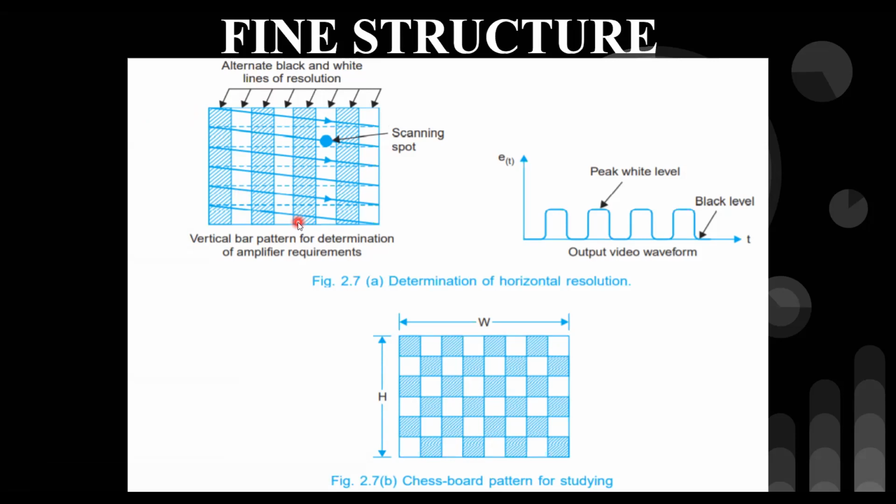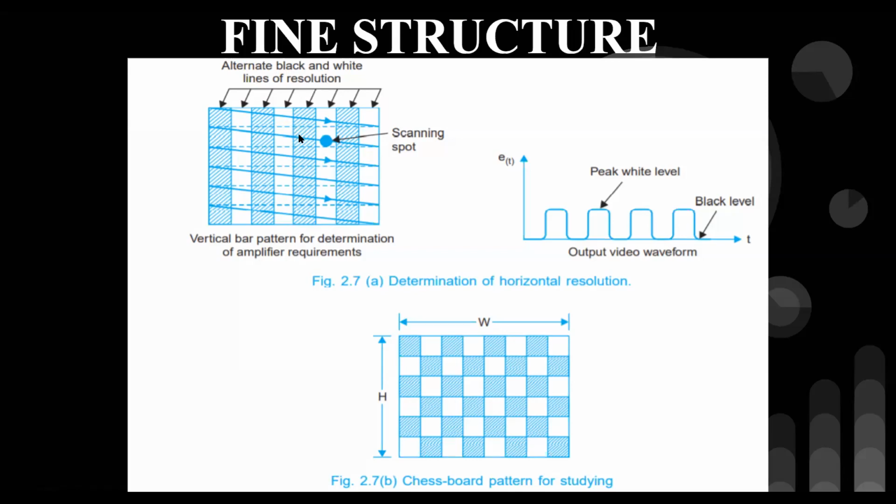So why is amplification required in the resolution? Nothing but to capture the picture from our electron beam, or to capture the picture from our camera picture tube. Every pixel is to be amplified before reaching the receiver. Therefore, alternate black and white lines are required to maintain the synchronization between this resolution.